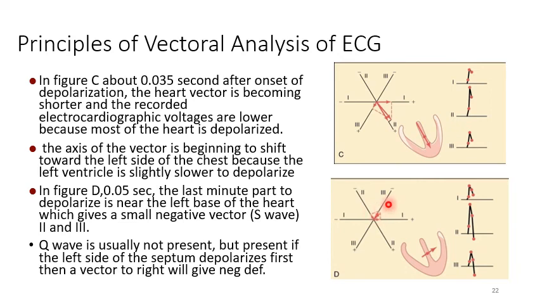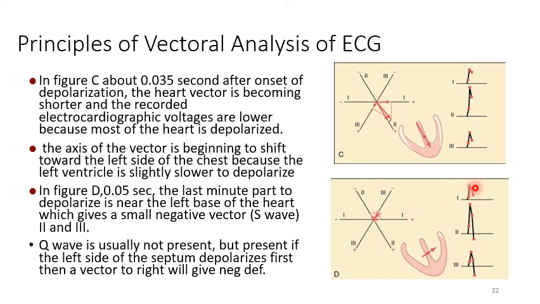It's hard to see because the cardiac axis or vector is very overlapping with lead 3. We will notice that the projected line in lead 1 is positive, but it's short. It's still positive, but short.